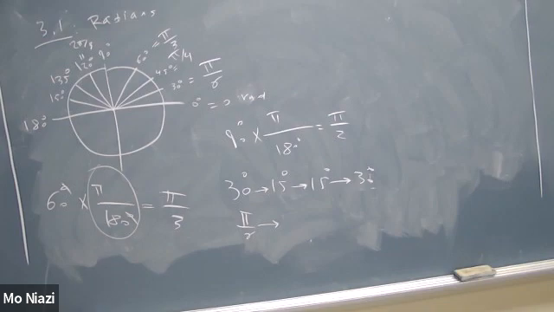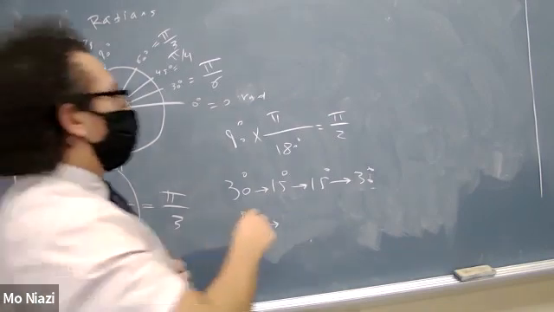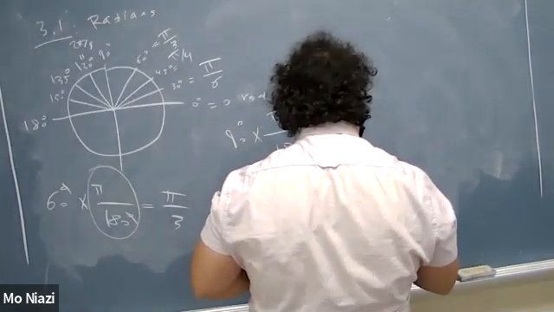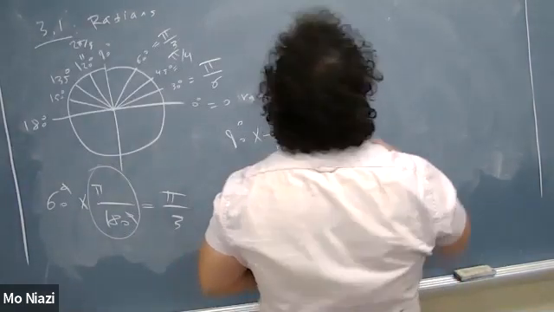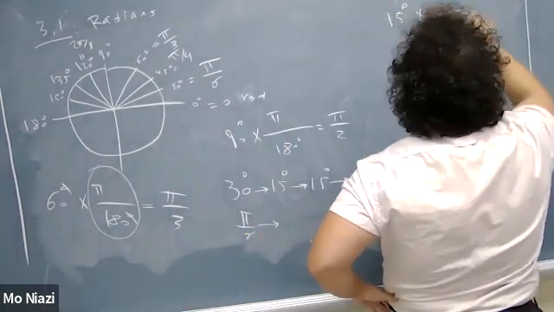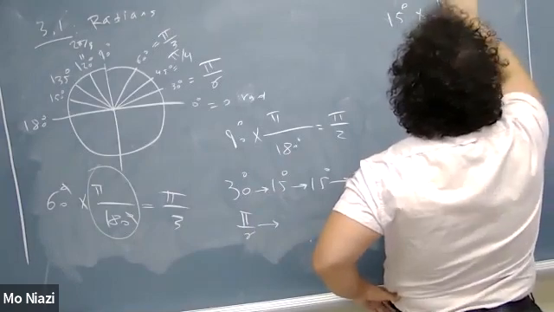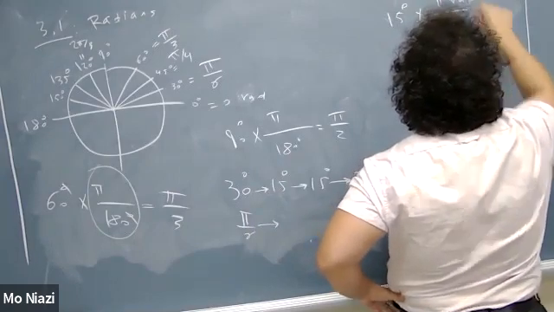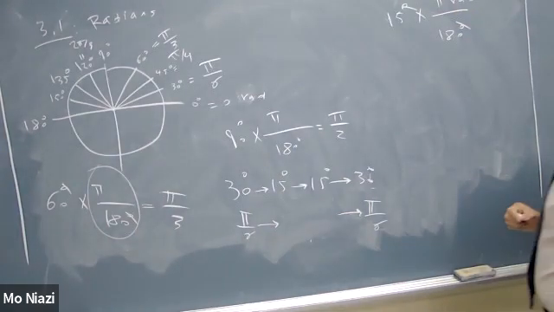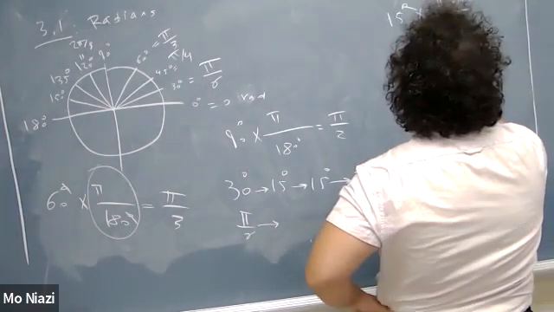Okay. So let's see what 15 degrees is here, because then we can complete this chain. Because I know what 30 degrees is. This is pi over 6. What is 15 degrees? Let's use our conversion here, cancel out the degrees. Our final answer is going to be in pi radians.